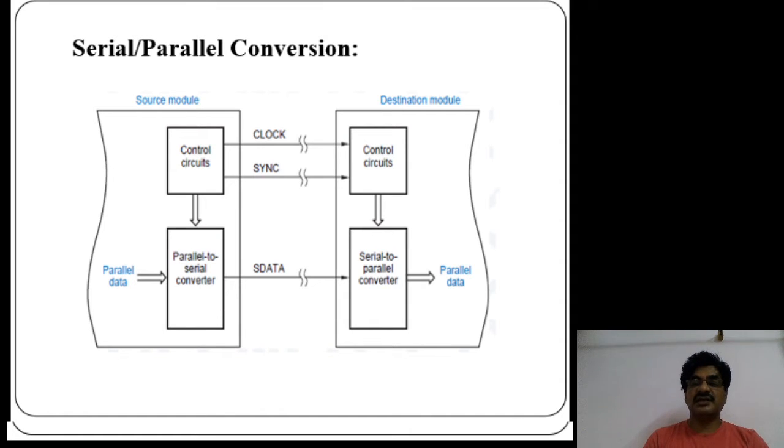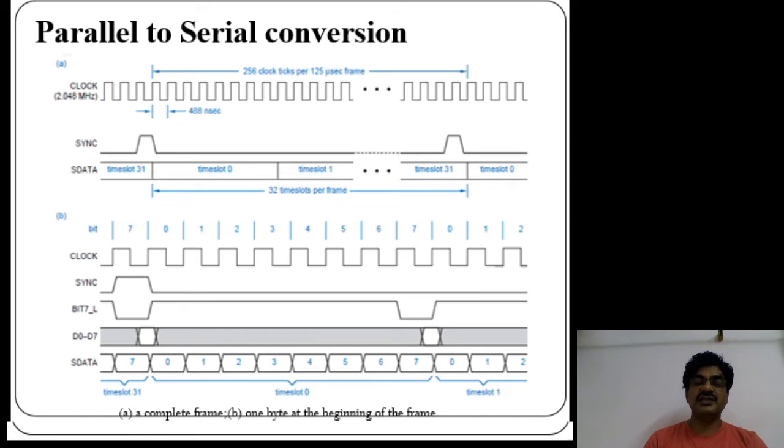That means the data transmission between the source and destination modules is in the form of frames. Here each frame consists of 32 time slots: time slot 0, time slot 1, and so on up to time slot 31. So 32 time slots represent one frame, and each time slot consists of 8 bits.